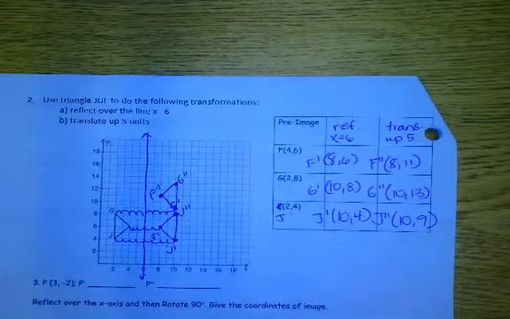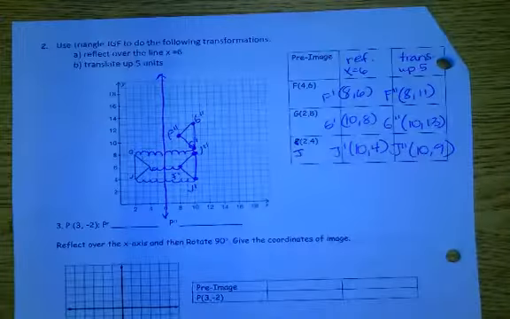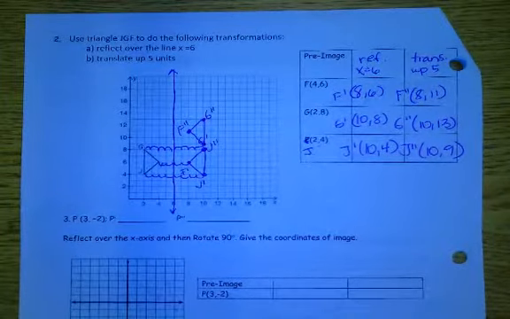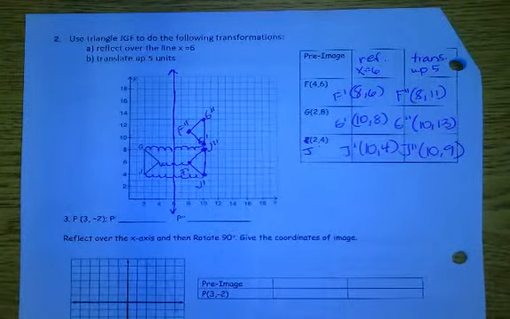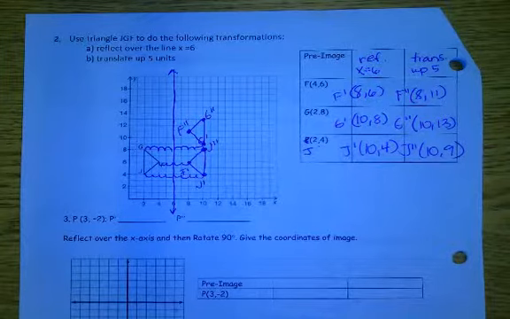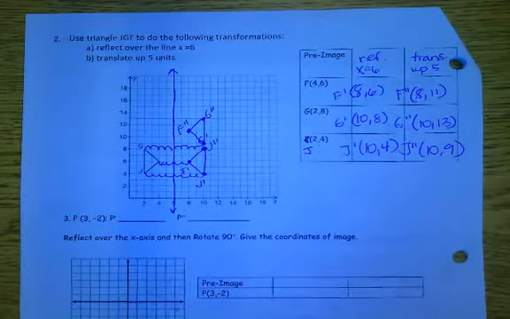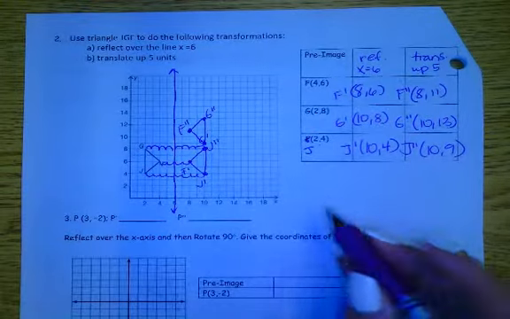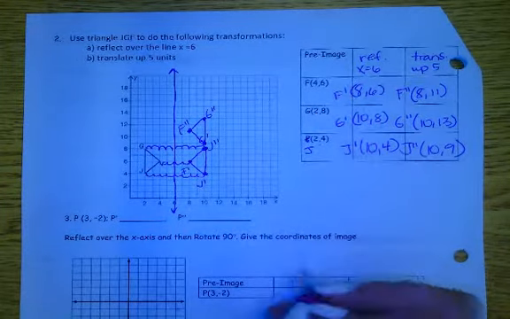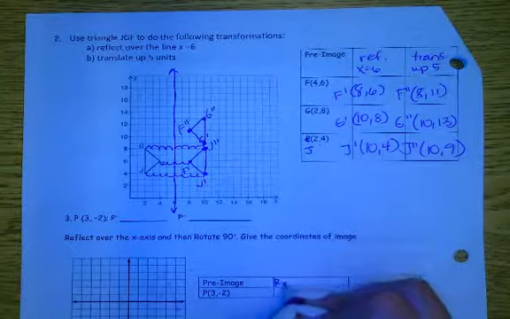Questions on the composition so far? Okay. Number 3 wants you to reflect over the x-axis and then rotate 90 degrees. Okay, so reflect over x and rotate 90 degrees. What's our coordinate notation when we reflect over x?